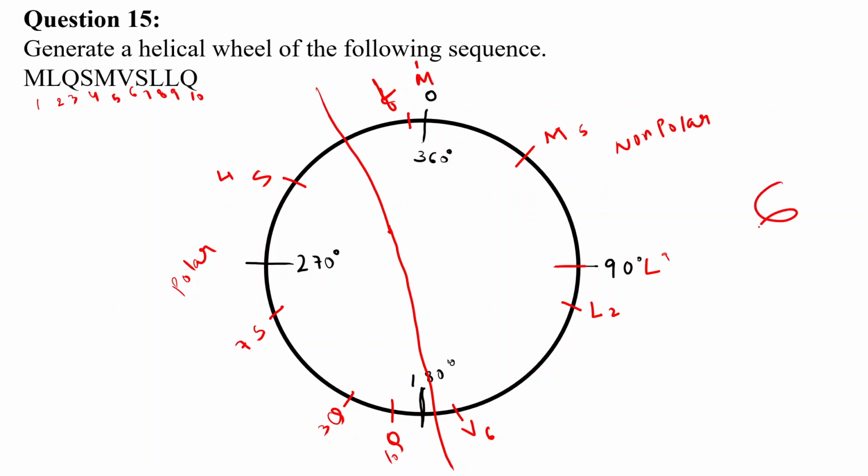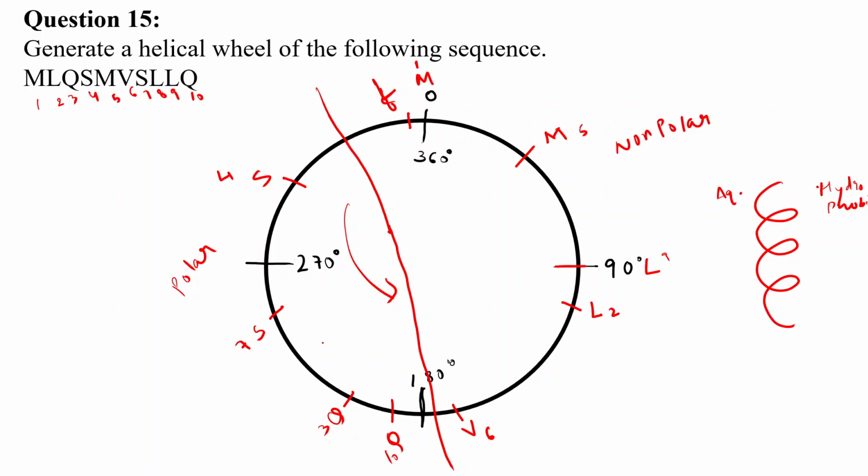So like I've told you earlier, if I have an alpha helix with an aqueous environment on one side and a hydrophobic environment on the other, which part will come on the aqueous side? This part, right? This part will come on the aqueous side. Why? So you see serine, glutamine, these are polar residues.